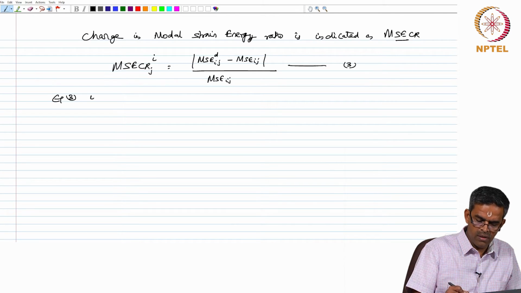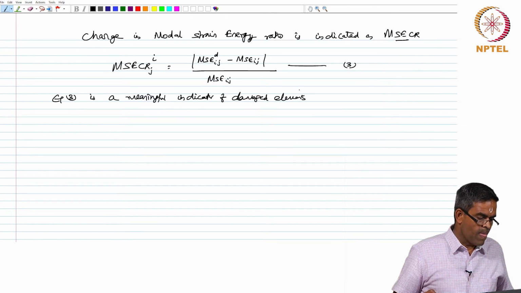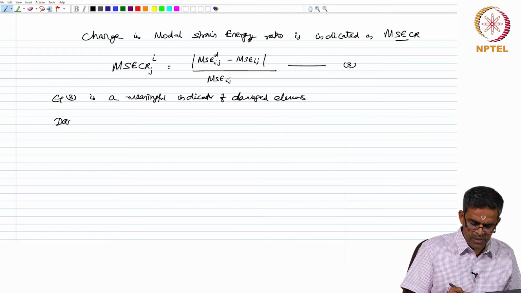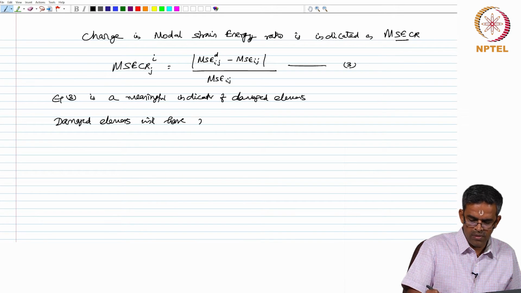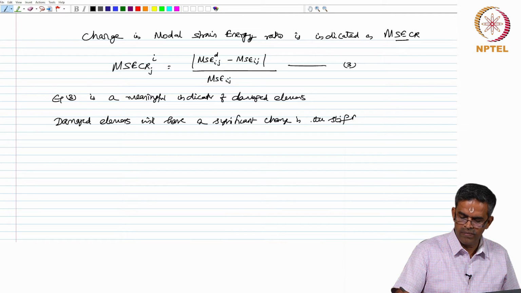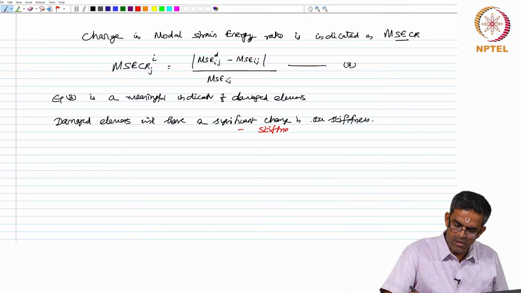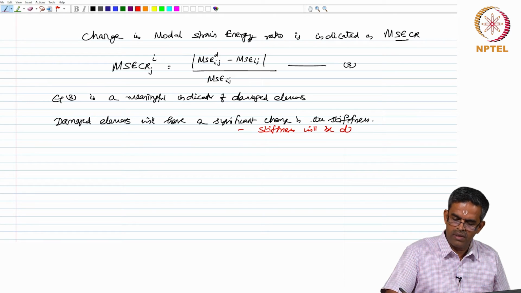Equation 3 is a meaningful indicator of damaged elements. Damaged elements will have a significant change in the stiffness, because stiffness will be degraded.